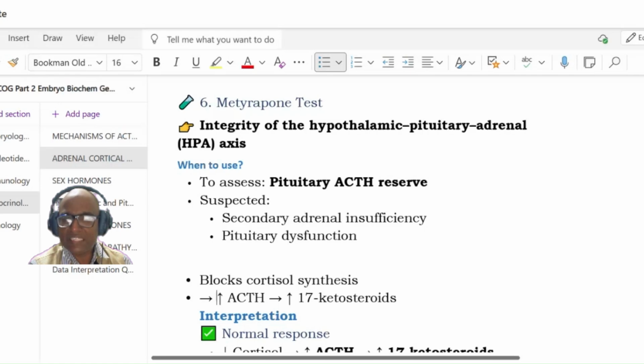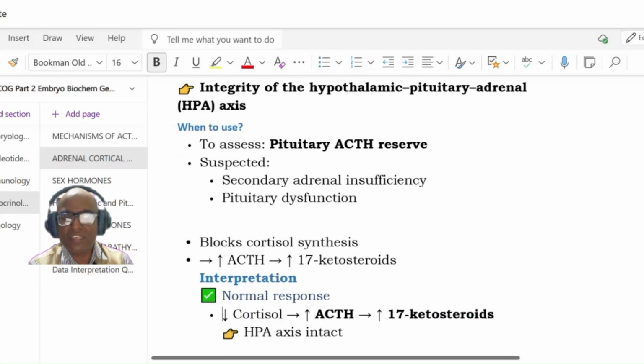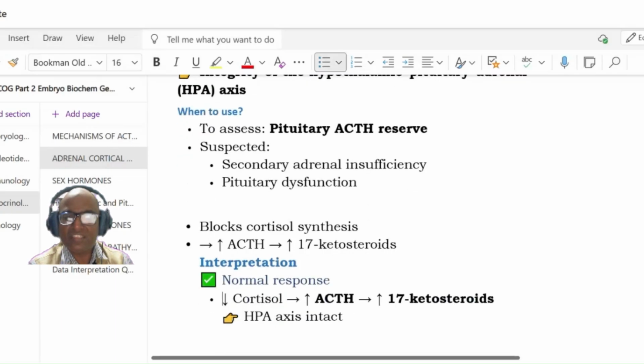When we suspect secondary adrenal insufficiency or pituitary dysfunction. So if we suspect the pituitary is at fault, we will do this Metyrapone test. So what does this Metyrapone do? Metyrapone blocks cortisol synthesis by blocking a certain enzyme. So it increases the ACTH. There is an increase in the 17-ketosteroids because the cortisol synthesis is blocked.